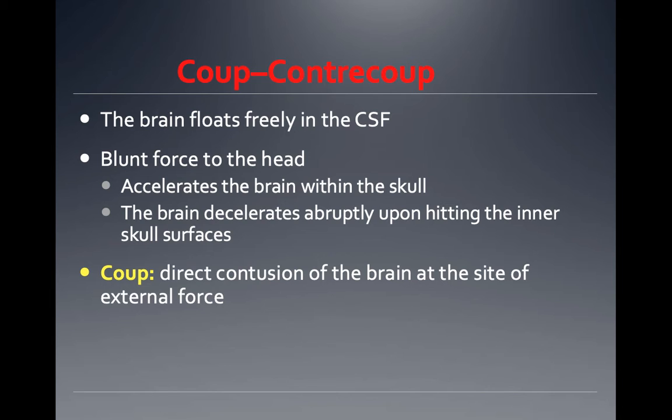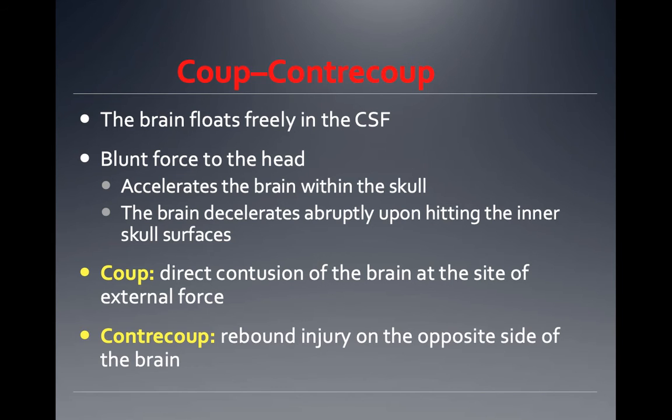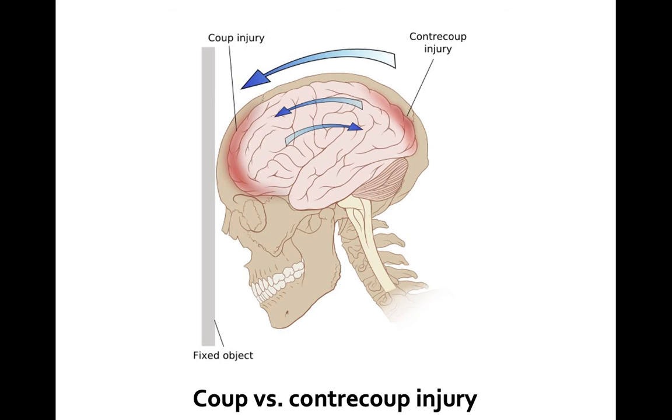So a coup is a direct contusion of the brain at the site of that first external force, and then the contrecoup is the opposite side of the brain then being injured. So if we strike this fixed object, the brain is going to impact the front of the skull here, and we have a coup. When the head moves back, the skull hits backward, and we have a contrecoup.